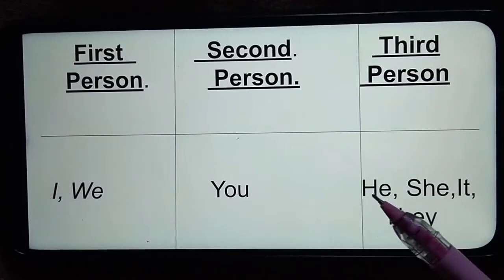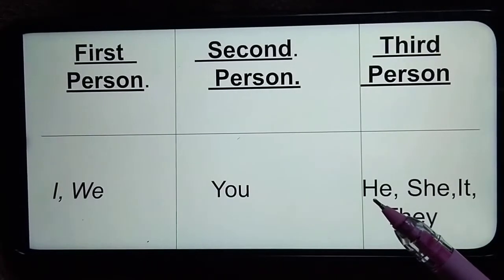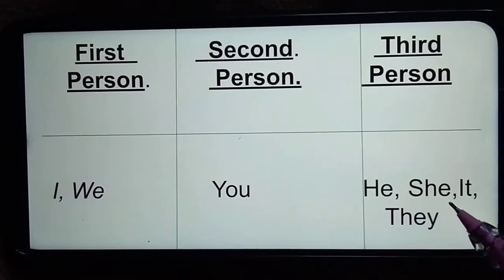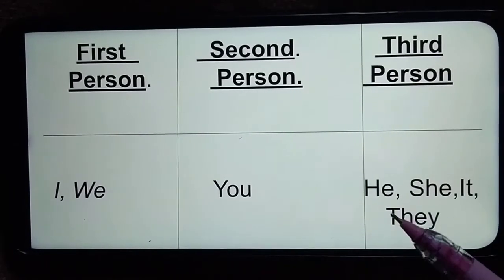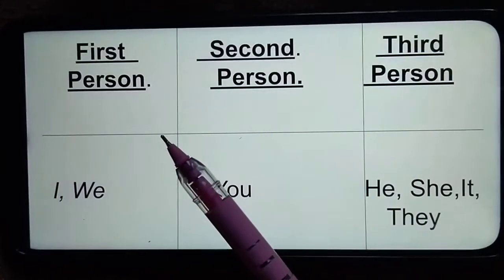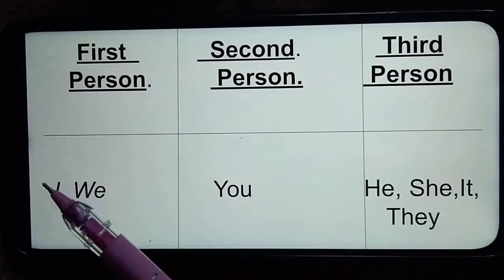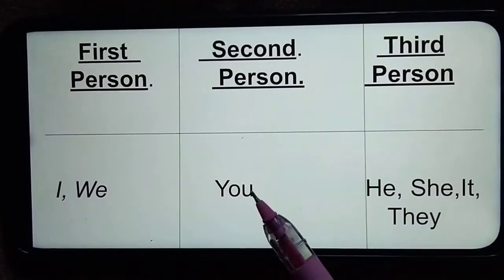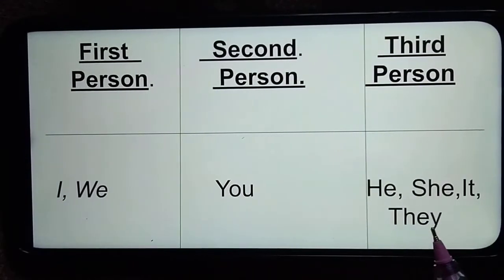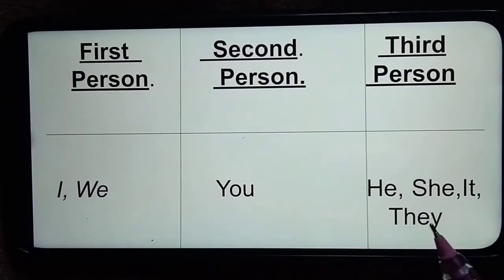Now I used he at the place of Narendra Modi, right? So when we are talking about third person or any other person, we use these pronouns. So first person is always speaker, and I and we is used. For the listener, we use you, and he, she, it, and they we use about whom we are talking.